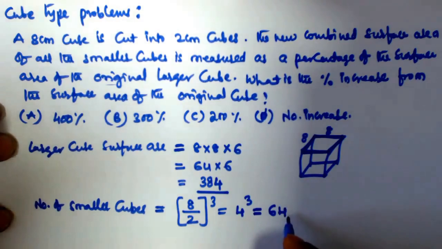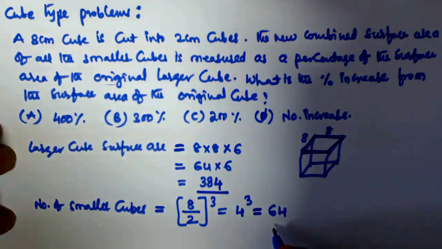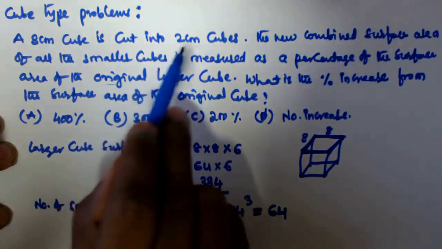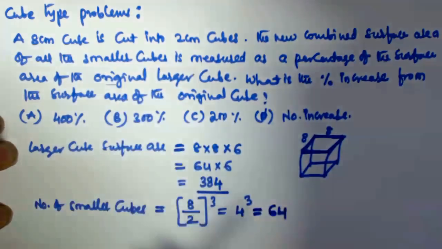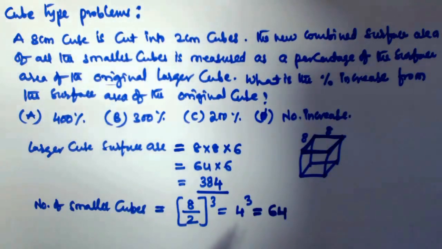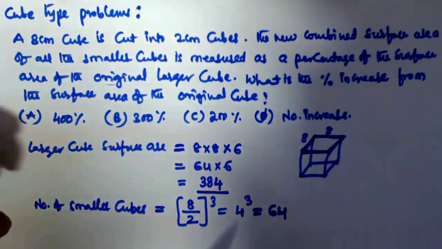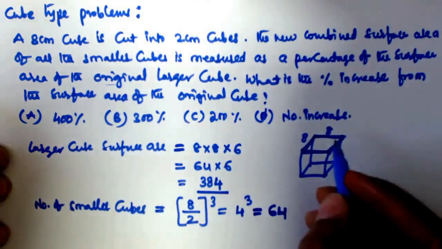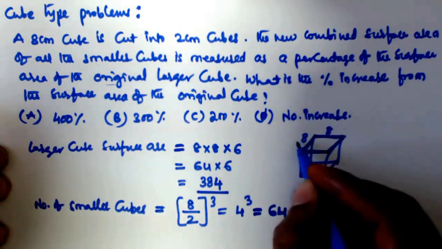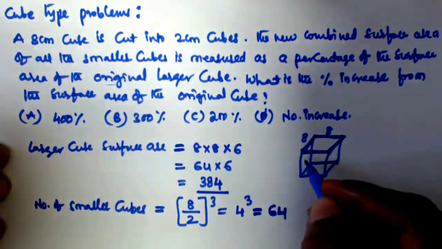So the total number of small cubes is going to be 64, and each of these consists of 2 centimeters as its length, breadth and height.